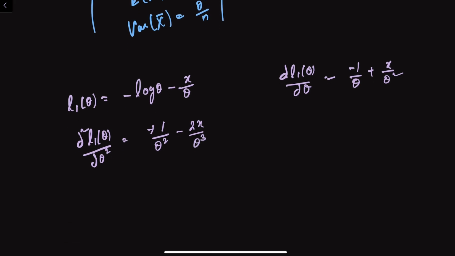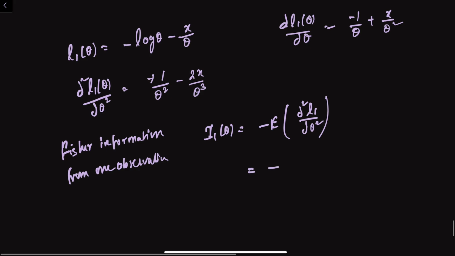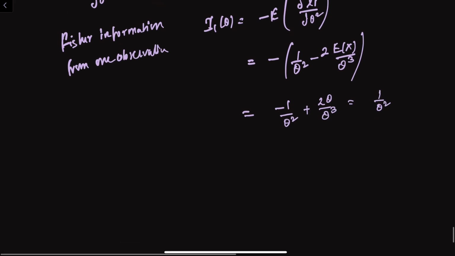So the Fisher information from one observation is I1 of theta, which is minus expectation of dou square L1 by dou theta square, which is minus of 1 by theta square minus 2 times expectation of x by theta cube, which is minus 1 by theta square plus 2 theta by theta cube, which is nothing but 1 by theta square.